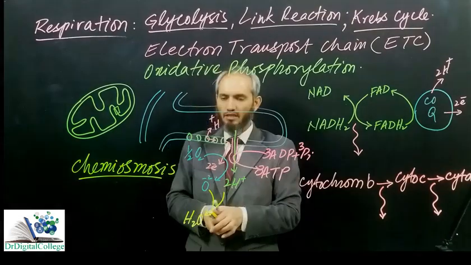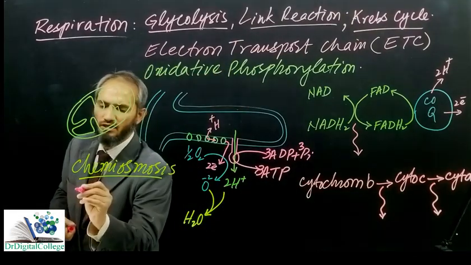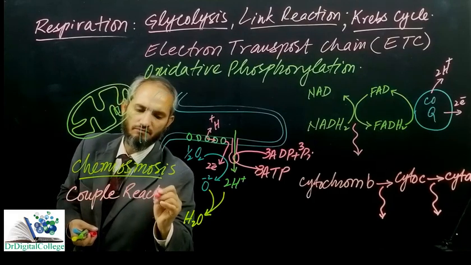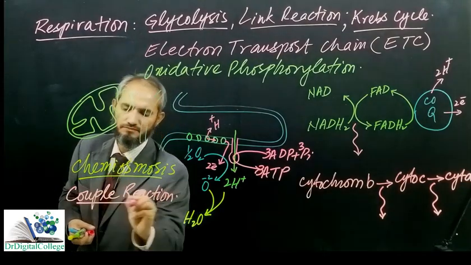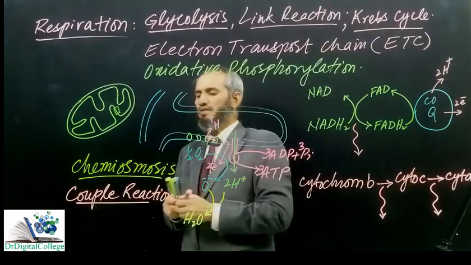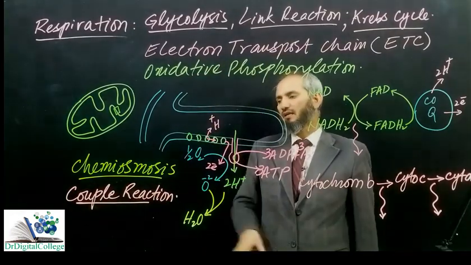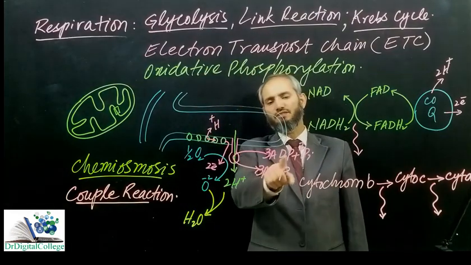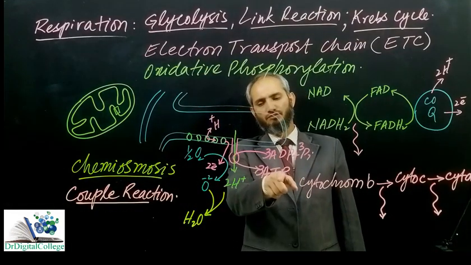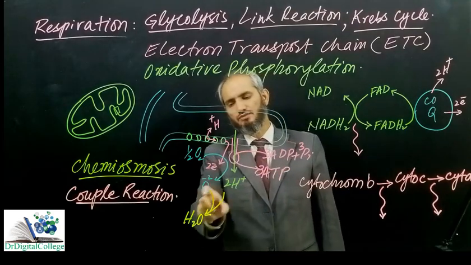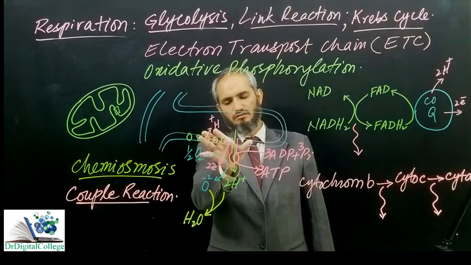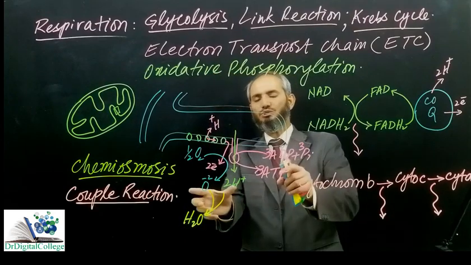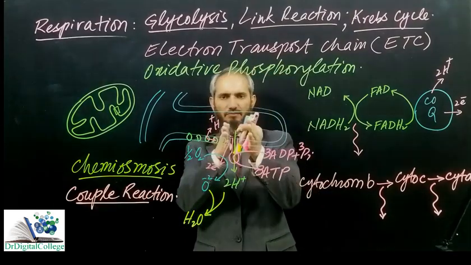There is another term called coupled reaction. The term coupled reaction is also used for this process. Coupled means two. Two processes are being done. What are those two processes? One is phosphorylation and the other one is water formation. There is the formation of water and there is the formation of ATP. These two processes are occurring side by side.